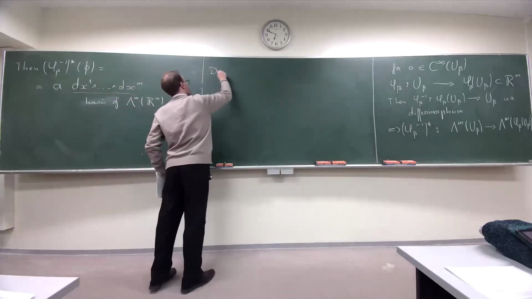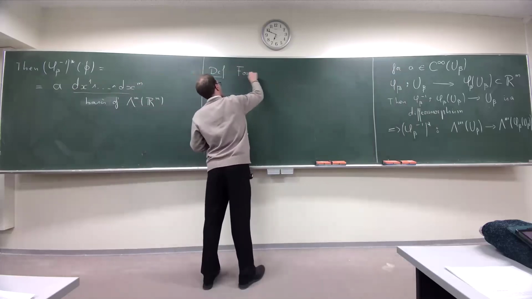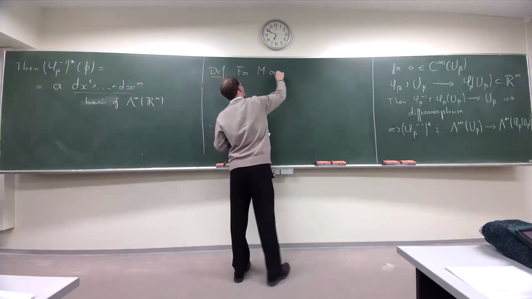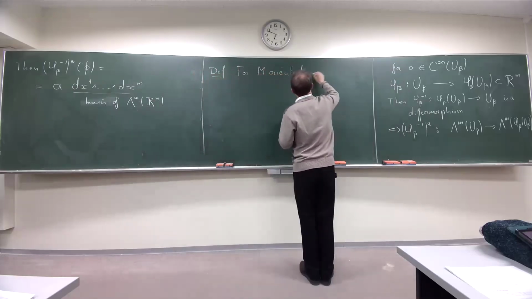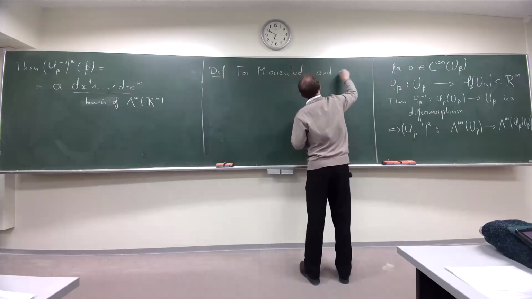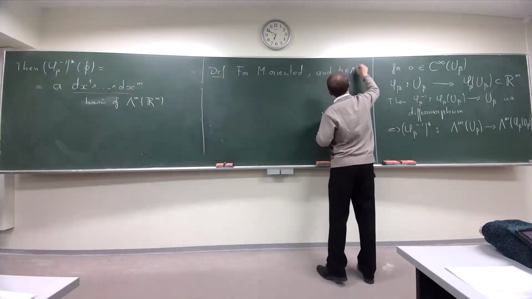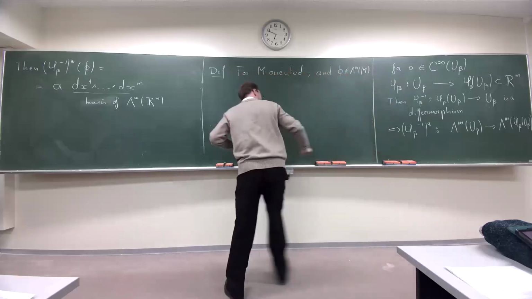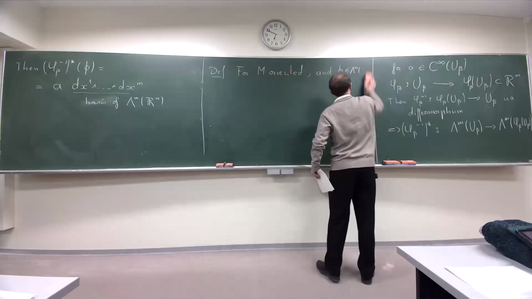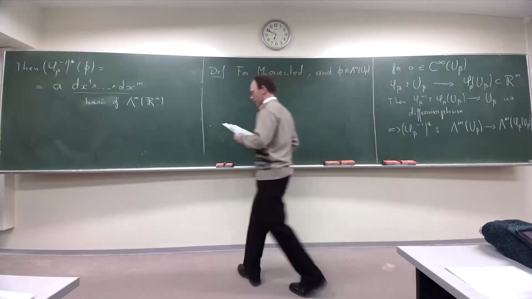Definition: what is the integral of this M form? For M oriented, as I have taken, and phi inside this lambda m of M, I take it with support in U beta, so I can just write this.